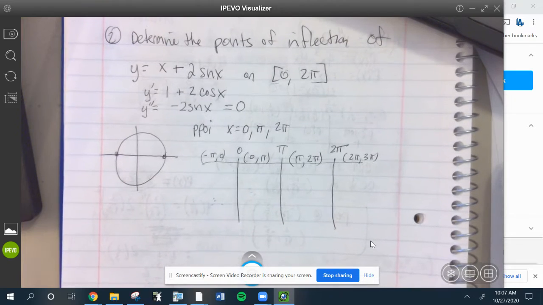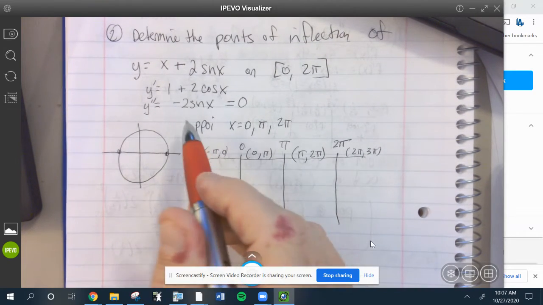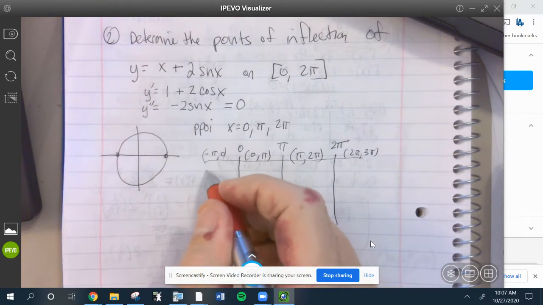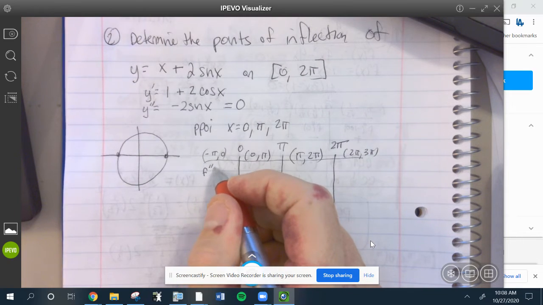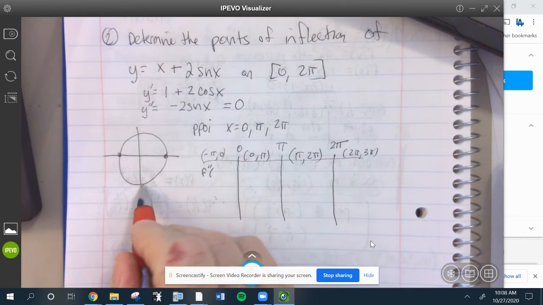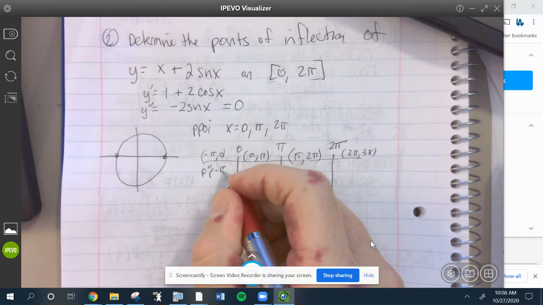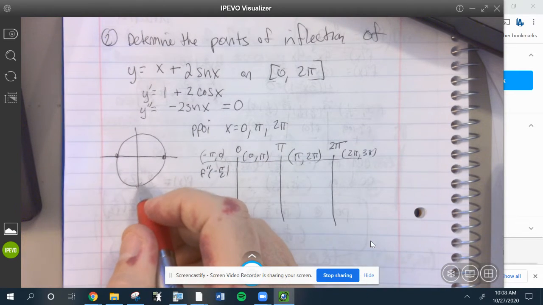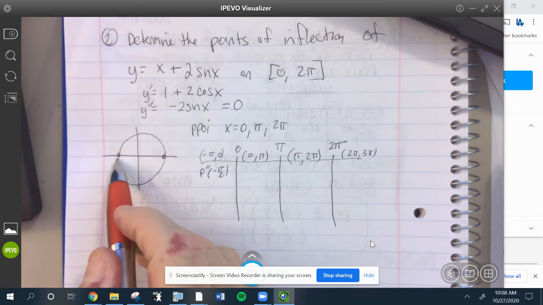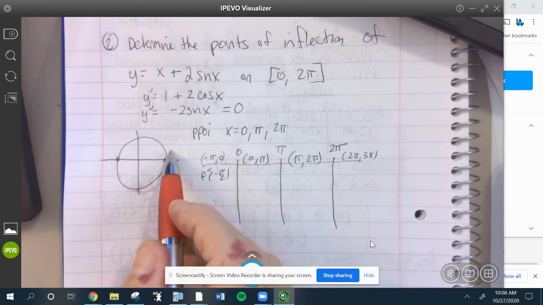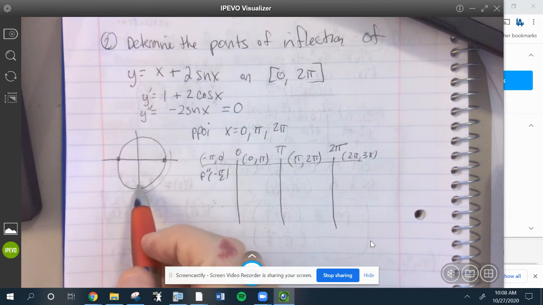So the second derivative at negative pi over 2 would put me right here, and that's between negative pi and 0.